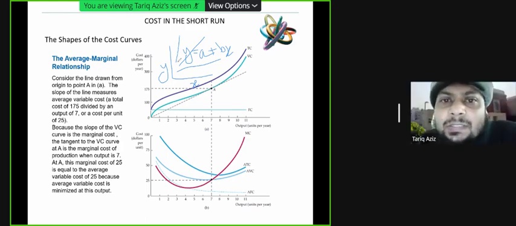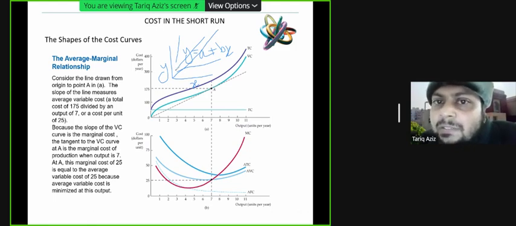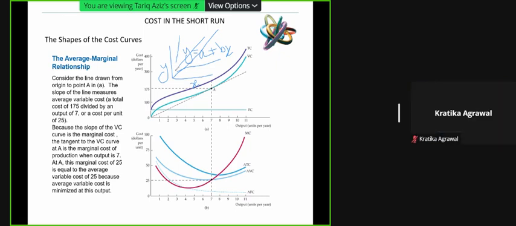In that case, this line will be a 45-degree line like this. Whatever change in Y is happening is proportionate to the change in X. The change in X is equal to the change in Y. So this will be a straight line.